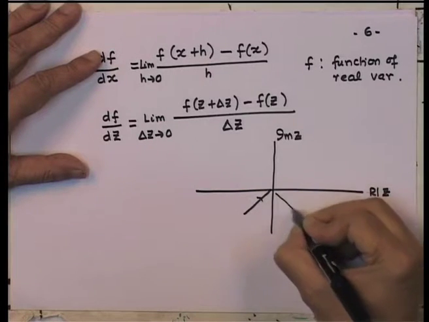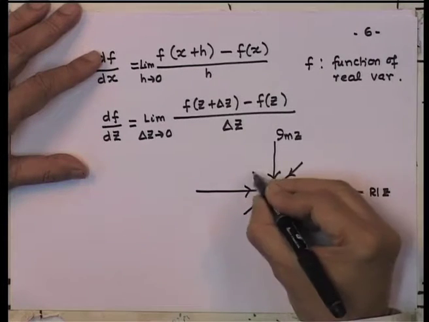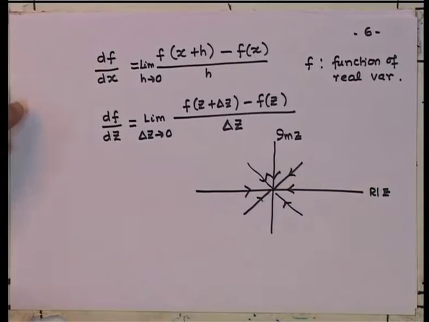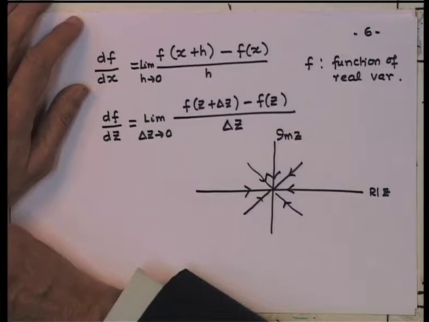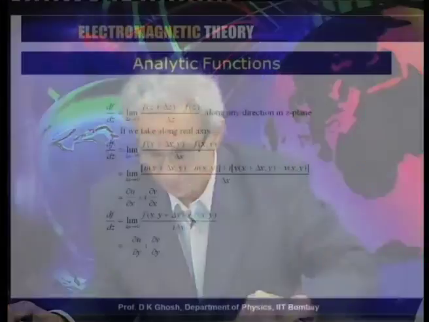It can go like this, it can go like this, of course, it can go like that, it can go like this, etc. In dealing with the derivative of a complex variable, it is very important to realize that this definition makes sense only if the value returned is unique irrespective of the direction in which delta z goes to 0. This is very important. This also has some very interesting consequences as we go along, and look at this statement here.